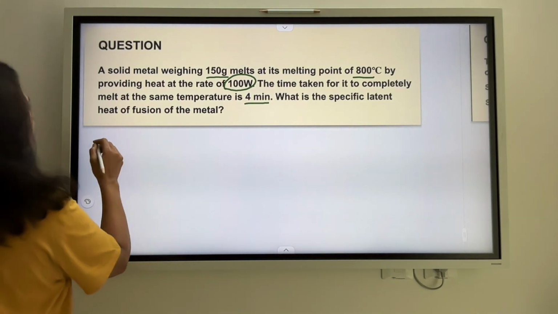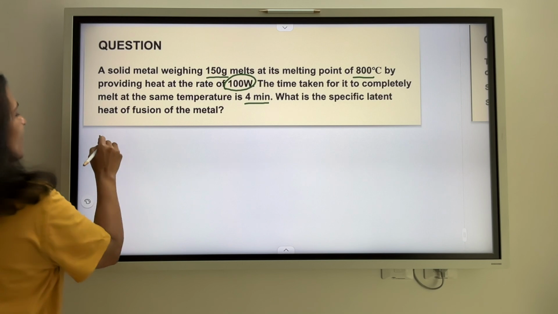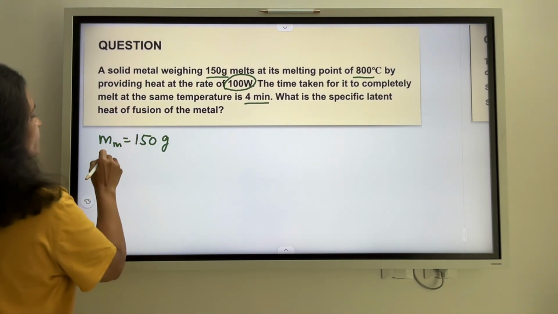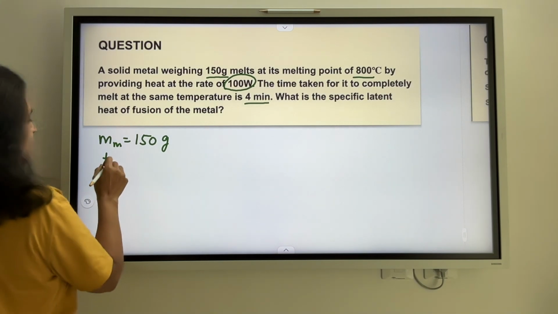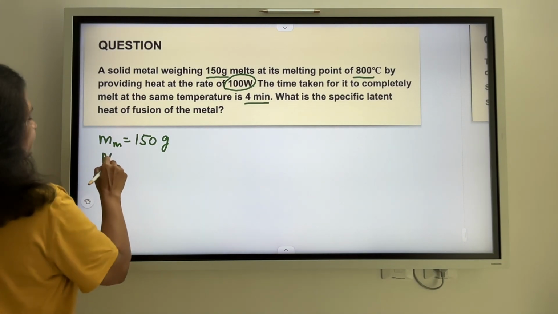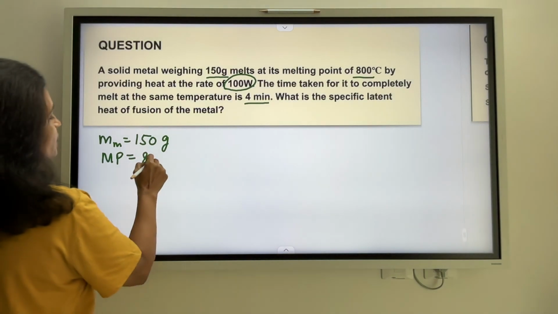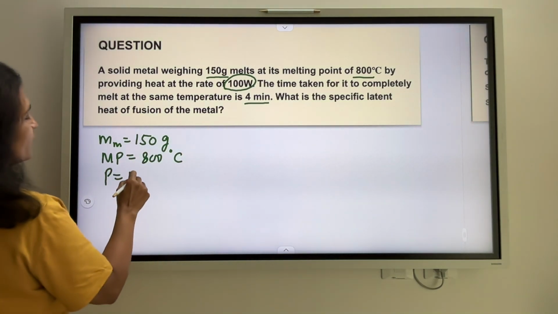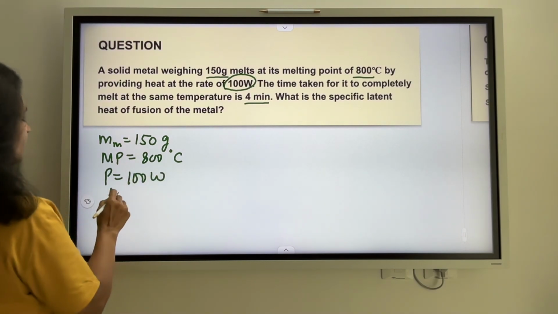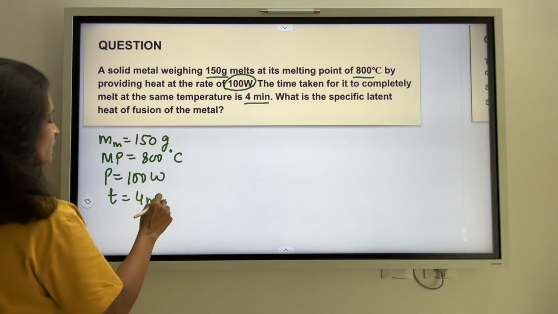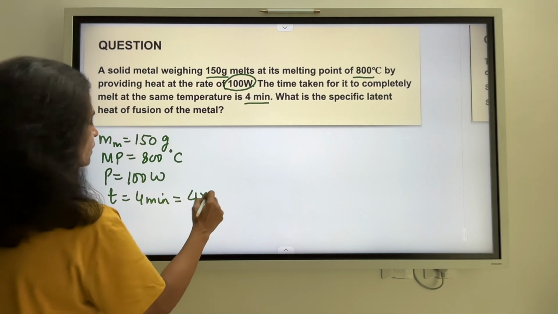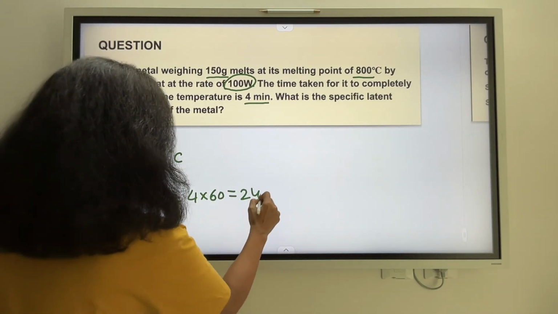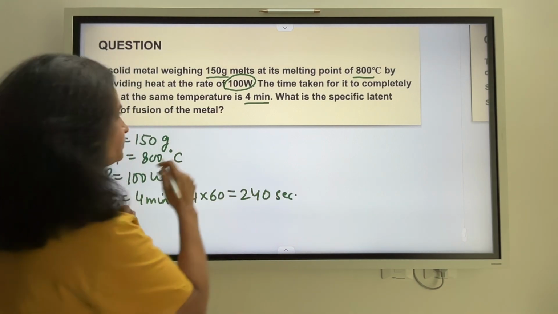So what do we have here? We have mass of the metal as 150 gram. The temperature of melting, okay, melting point is 800 degrees centigrade, and we have a power of 100 watt. The time is 4 minutes. 4 minutes is the same as 4 into 60, which is 240 seconds.